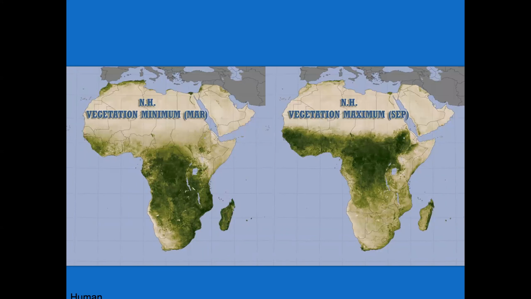The same thing goes for vegetation. In March, the vegetation is mostly south of the equator, and by the time September rolls along, it has moved north. It literally moves with the sun. As the sun's direct rays move further north into the northern hemisphere, so does the rainfall.